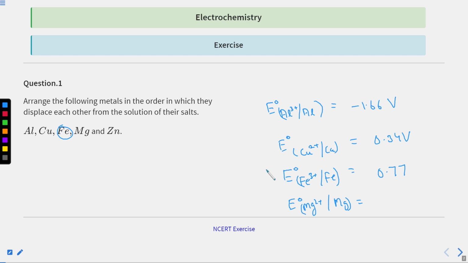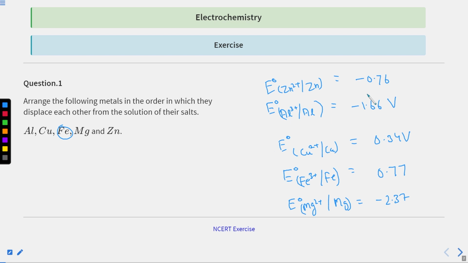The magnesium 2 plus value is minus 2.37. And the last one is zinc. The value of Zn2 plus to Zn is given as minus 0.76. So these are the reduction values.